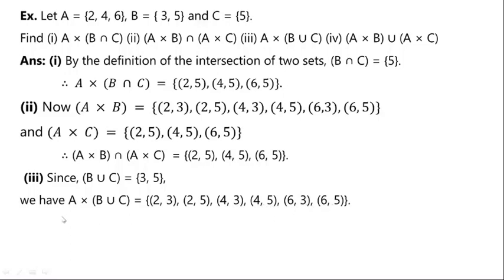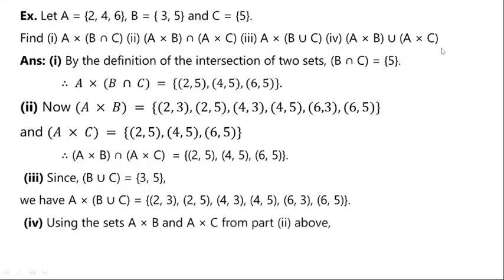Next we have (A cross B) union (A cross C). So firstly evaluate A cross B and A cross C, which we have in the second sub question. Now we have to find their union: all elements that belong either to A cross B or A cross C or both. Which are they?